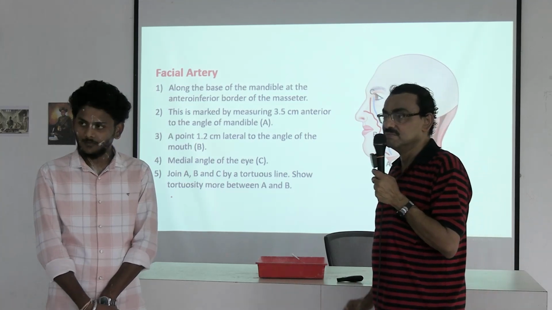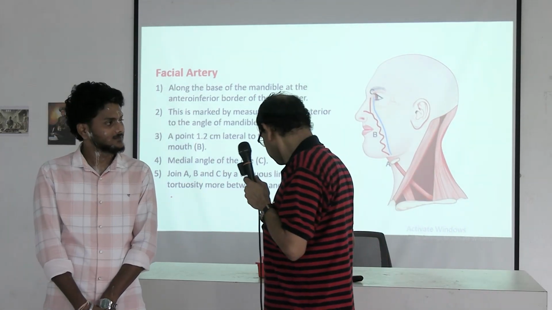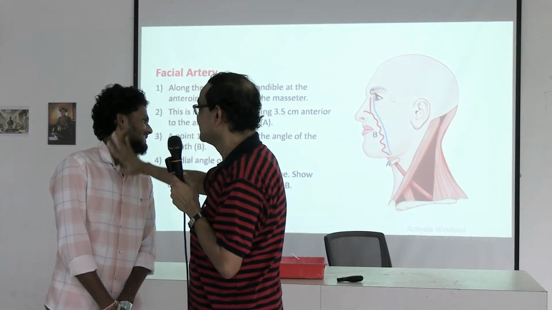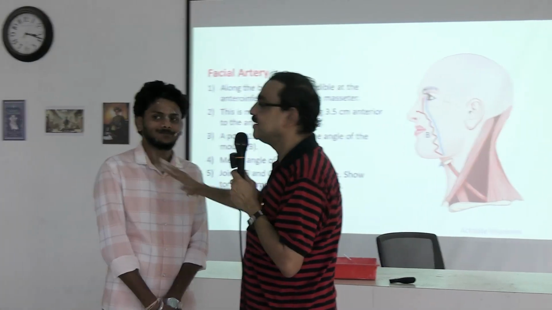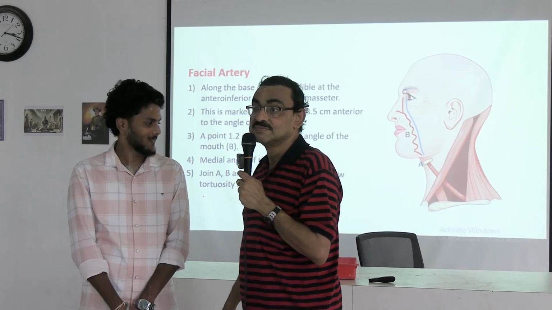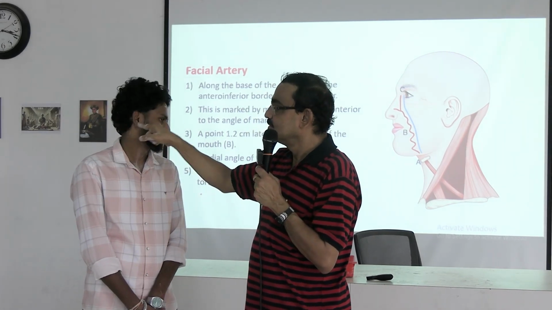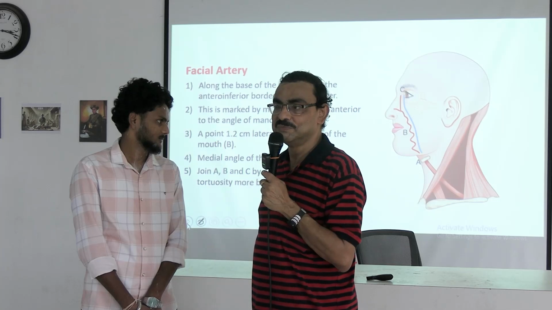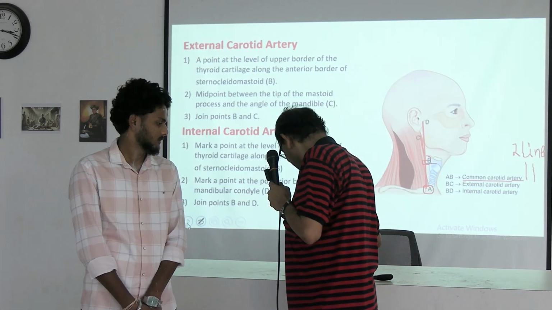Now the internal jugular vein. Last, this is the last one. Internal jugular vein. Put a point over the ear lobule, here.